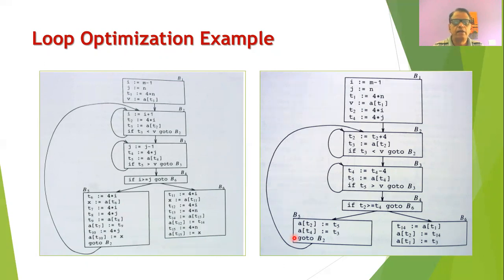And similarly, in the block B6, you will find that it is possible that we can eliminate the different expressions so that we can have only the statements t14 = A[t1], A[t2] = t14 and A[t1] = t3. So you will find that as far as the semantics is concerned, there is no difference between this code and the optimized code.